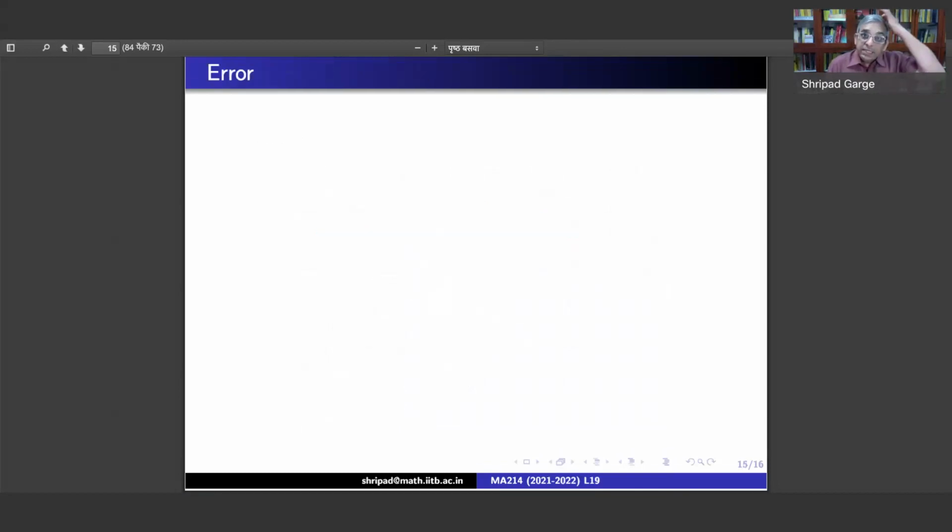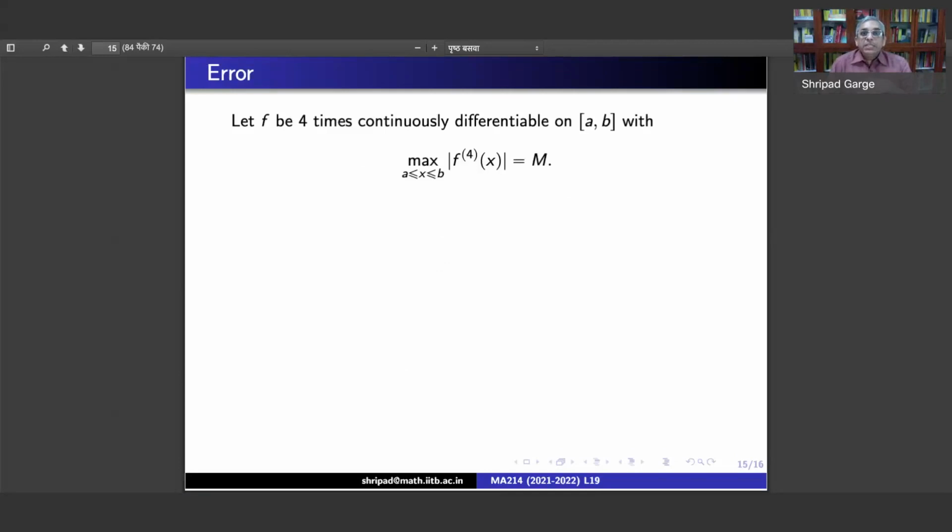I will end this lecture by discussing the error. So whenever we have interpolation, there is error always, and the error formula can be written down here explicitly.